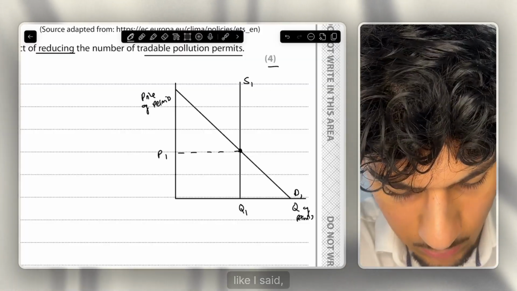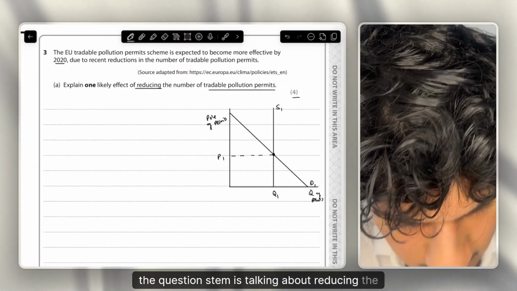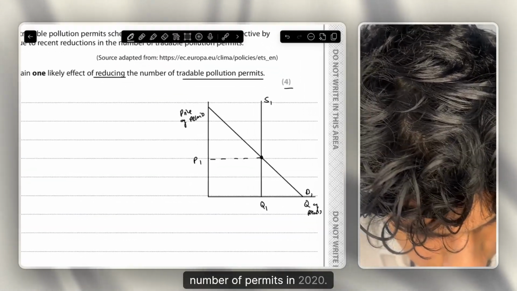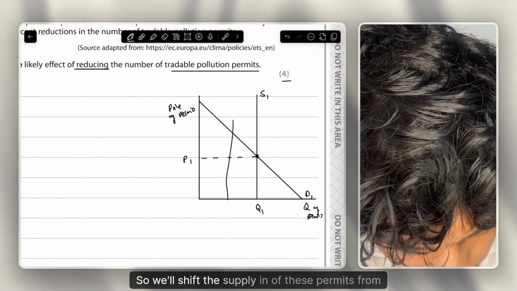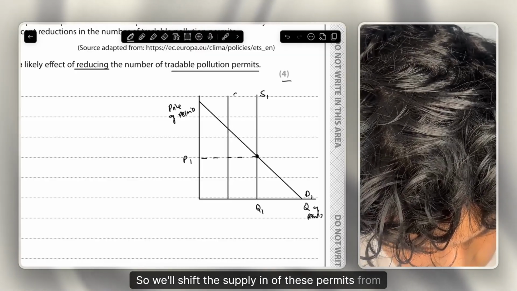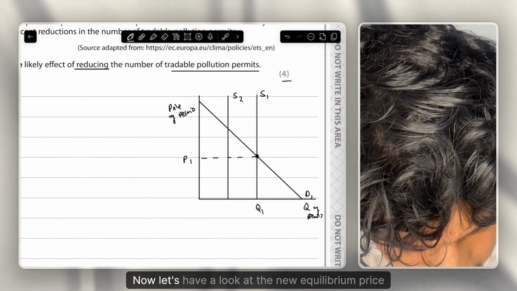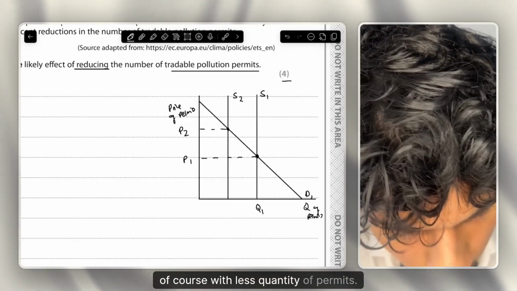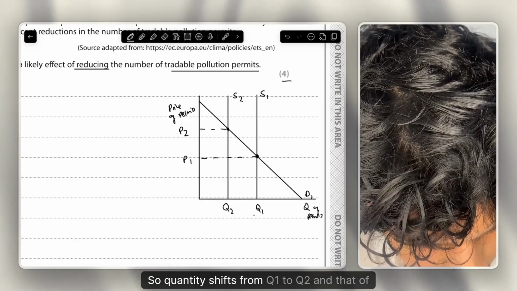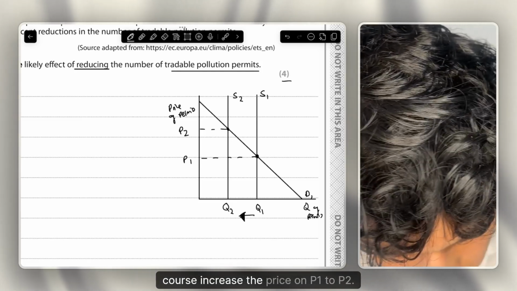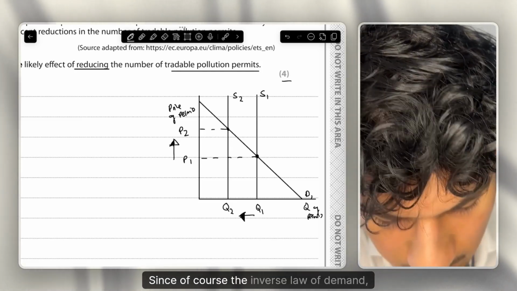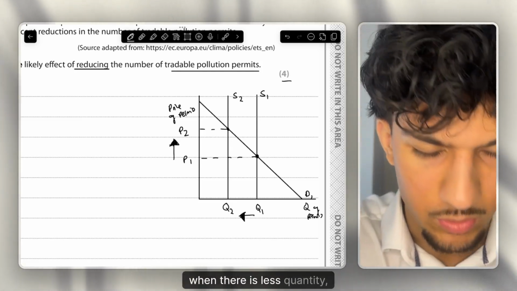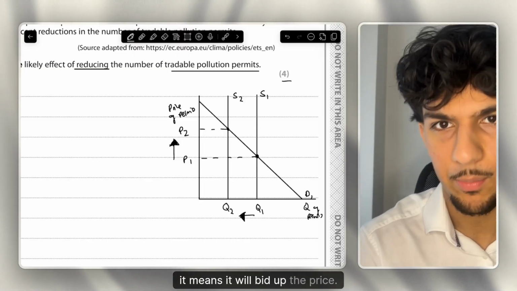But then, like I said, the question stem is talking about reducing the number of permits in 2020. So we'll shift the supply in of these permits from S1 to S2. Now let's have a look at the new equilibrium price, with less quantity of permits. So quantity shifts in from Q1 to Q2, and that of course increases the price from P1 to P2, since with the inverse law of demand, when there is less quantity, it means it will bid up the price.